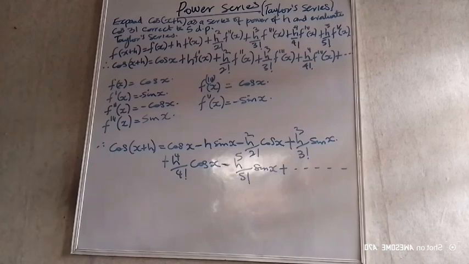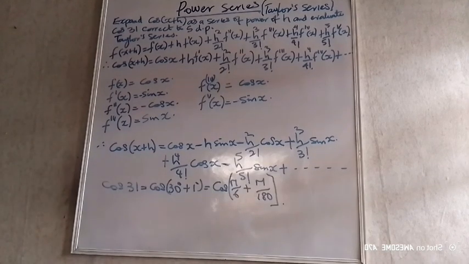We are now asked to find cos 31. And how do we do that? When we are working like this, the angle must be in radians. So cos 31 degrees will be cos of 30 degrees plus 1 degree, and that is cos of pi over 6 plus pi over 180.